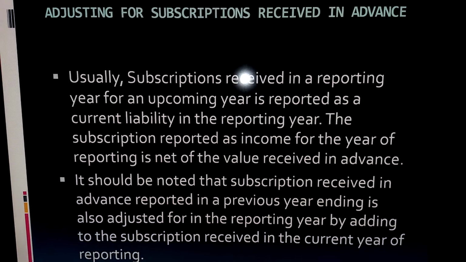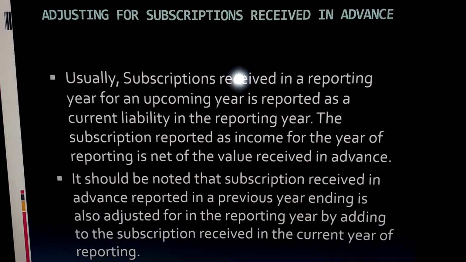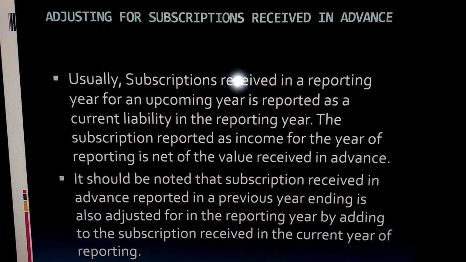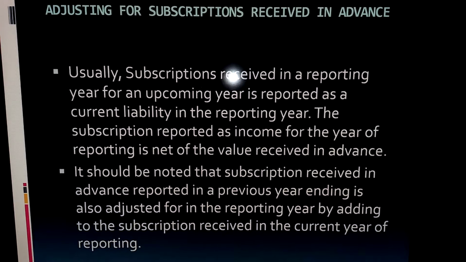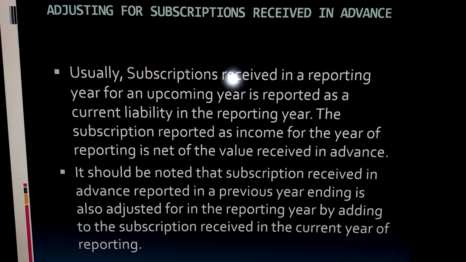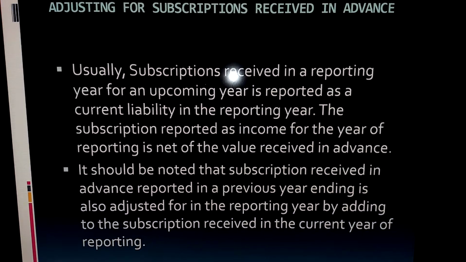So how do we adjust for subscription received in advance? I already explained that you are receiving what is not due. So technically, the club is owing the members. Remember, when you're owing people, it's a liability.